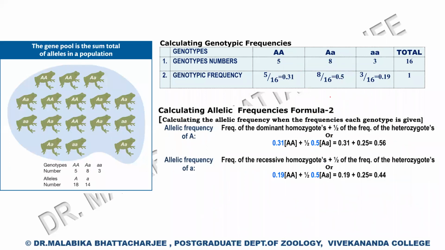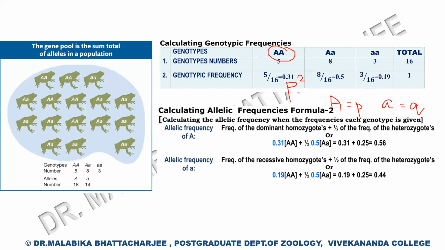There is another important point I'd like to point out here. If capital A is your P and if small a is your Q, then when we write the genotypic frequencies, if capital A is P, we have P square.